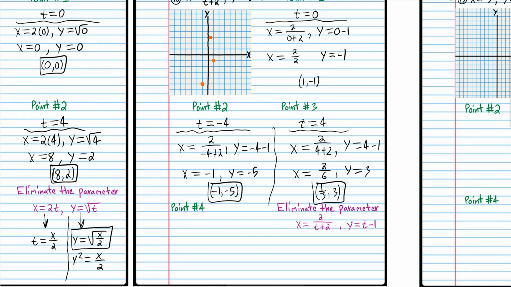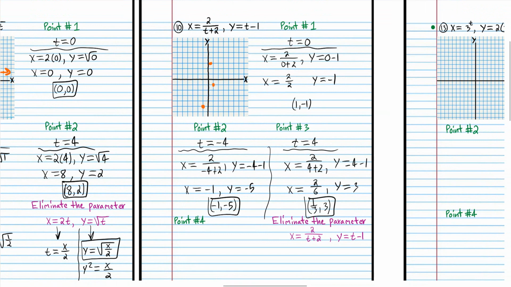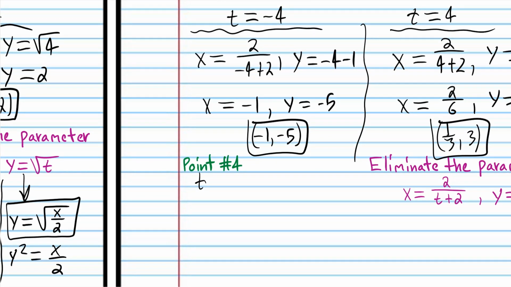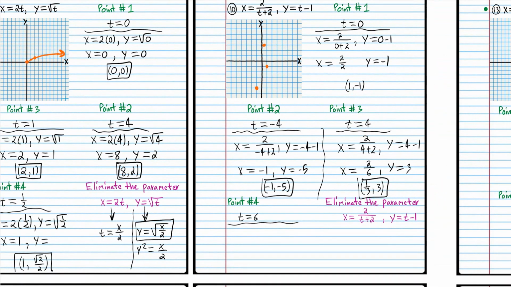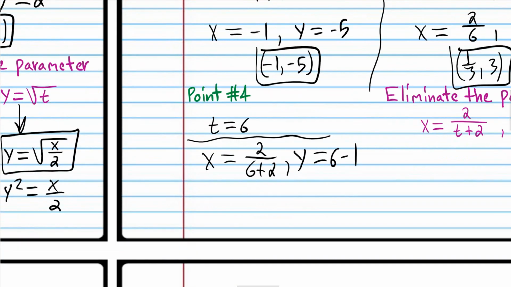And let's choose maybe t is equal to 6. So if t is equal to 6, then x is equal to 2 over 6 plus 2, and y is equal to 6 minus 1.